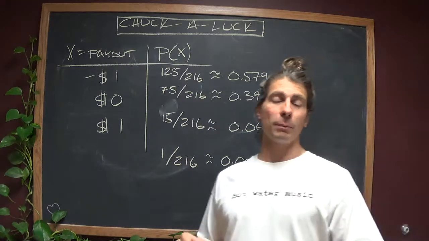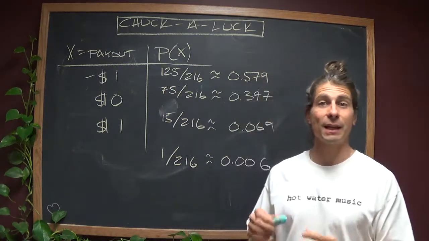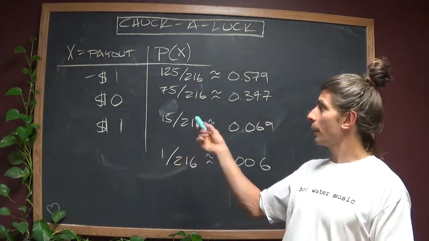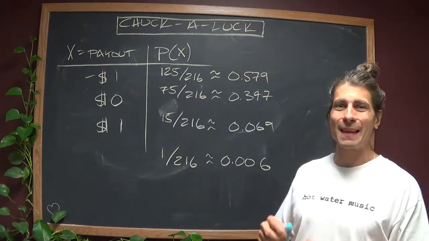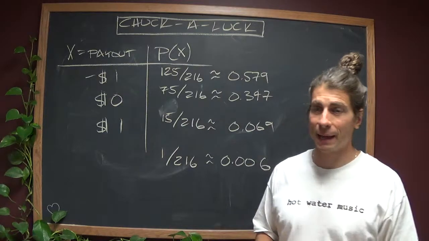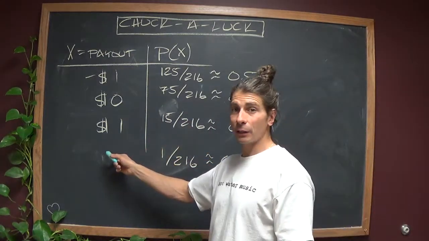But the point of this problem was to see if we can adjust the payout for the $9, or for the 3 5s, to make the game statistically fair. We'll come back to that in a moment. So that used to be $9.